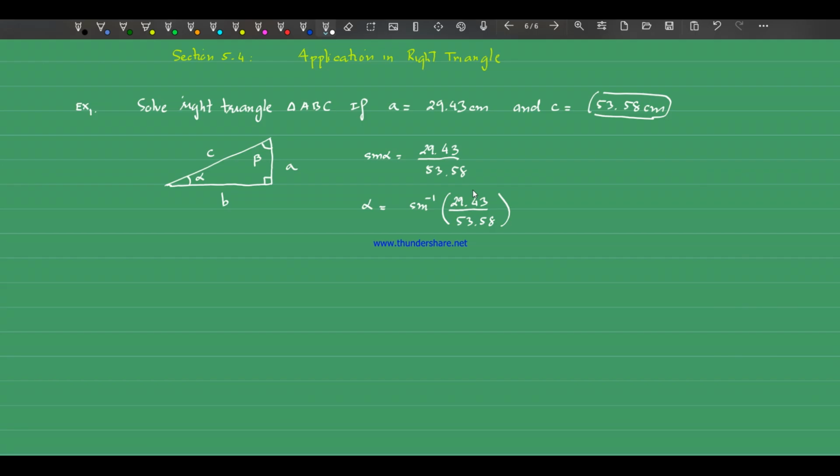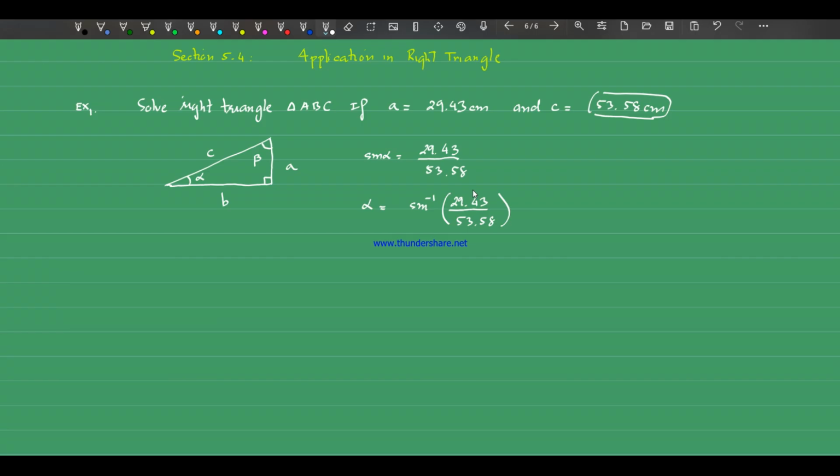Okay, so you can put inverse sine on the TI-84, whatever you have, of 29.43 over 53.58.